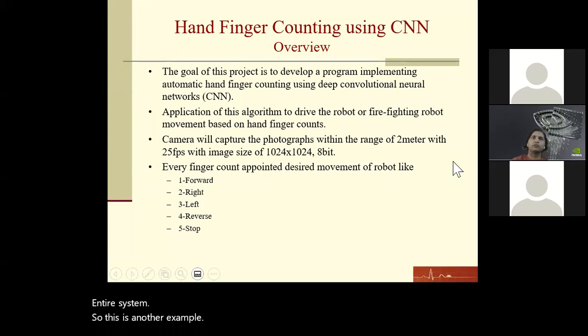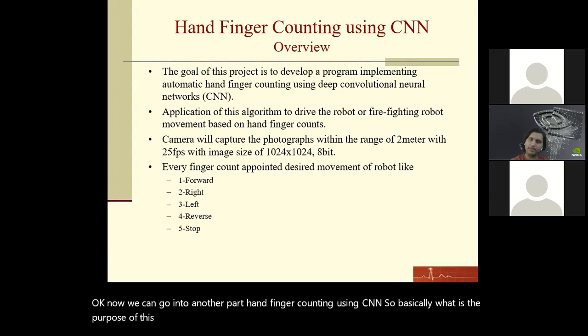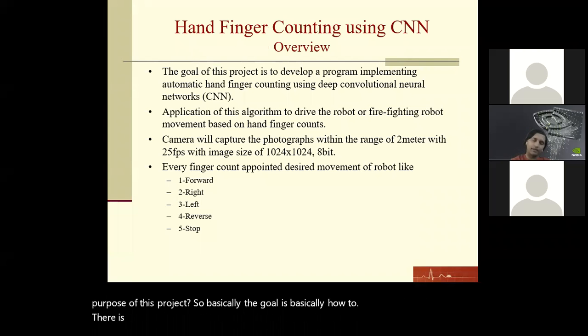Okay, now we can go into another part, hand finger counting using CNN. What is the purpose of this project? The goal is for a firefighting robot with a camera.